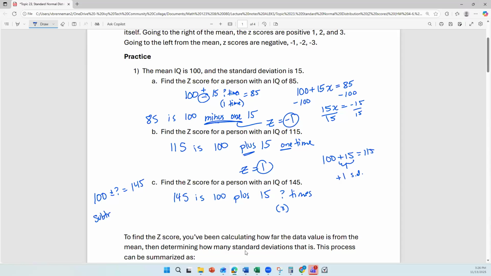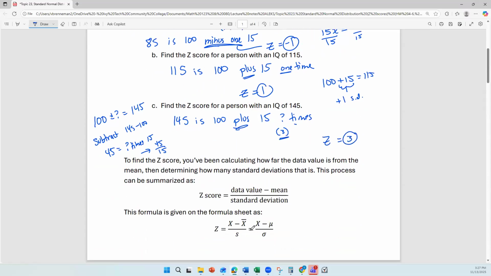So you would subtract 145 minus 100. Here you might just look at it and say, oh, 45 got added on, without thinking that you're taking 145 minus 100, but you're subtracting. And then when you ask 45 is how many times 15, that's 45 divided by 15. So when you're asking how many times, you do division to answer that. So this would be plus 3 times, so this would be a z-score of 3.